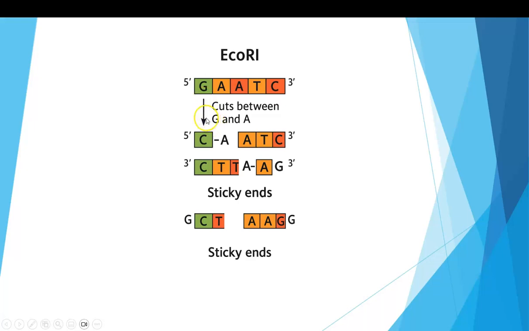So it's gonna cut our DNA at a certain area, and so it makes the sticky end. And then if we cut the DNA with EcoR1 as well, because these strands are complementary to each other, they can actually anneal and attach together.